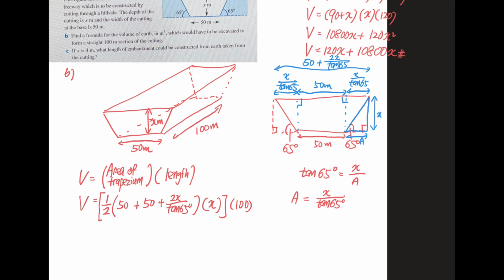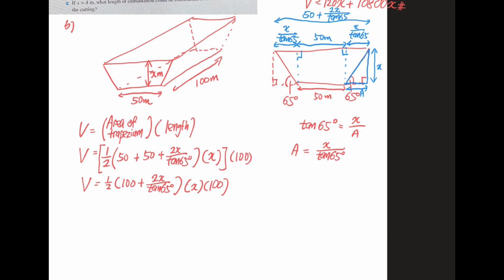Okay, so now let's continue doing this. 1 over 2, 50 plus 50 is 100, plus 2x over tangent 65, times x times 100. Let's say I just multiply the half, the x and the 100, then I will get 50x times the bracket 100 plus 2x over tangent 65 degree.